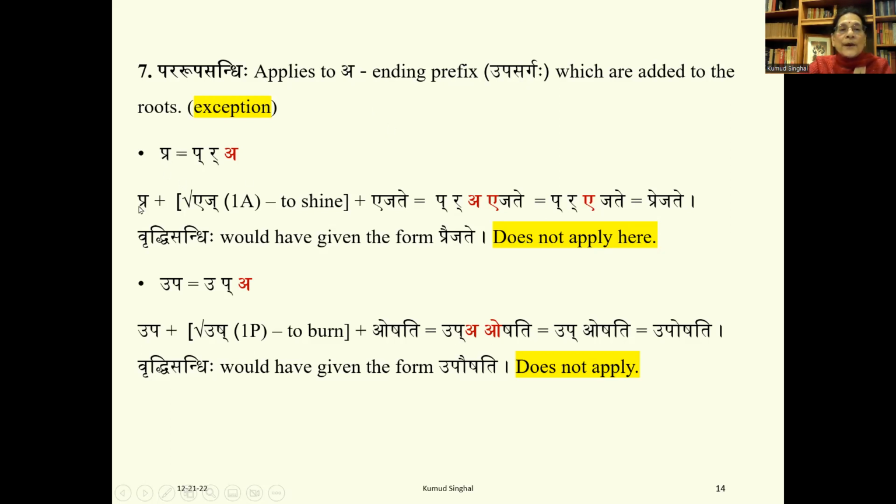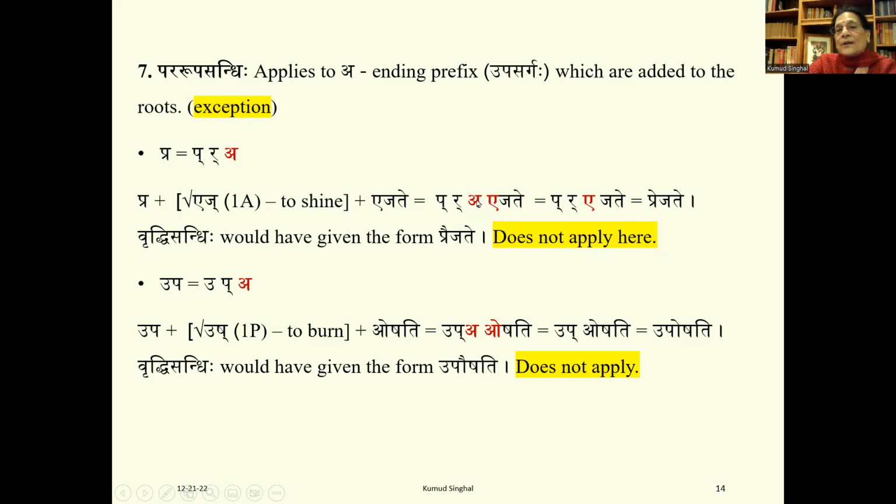So let's say you add the pra upasarga to the root aj. Aj is an Atmanepada root, and it belongs to group 1, which means to shine. The form is ajate, shines. So if you do pra plus ajate, then pra ends in a and ajate begins with a.